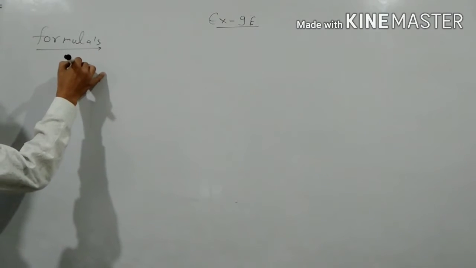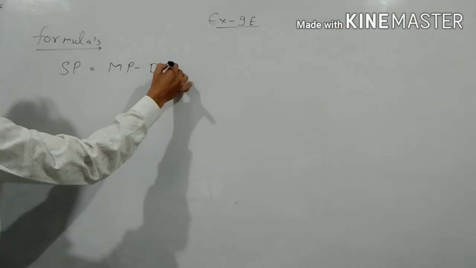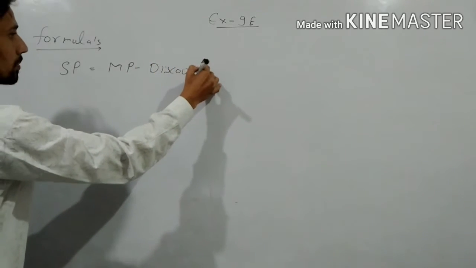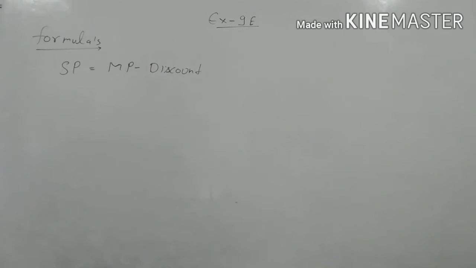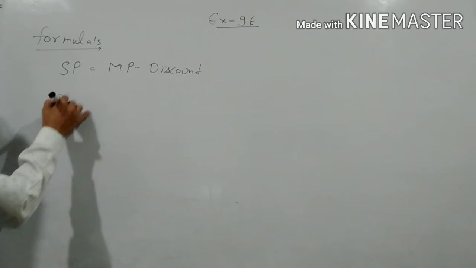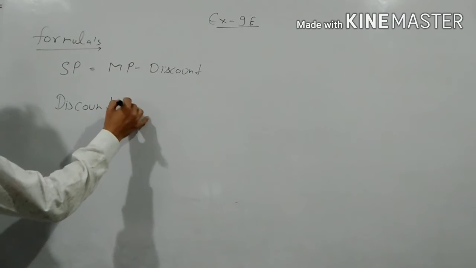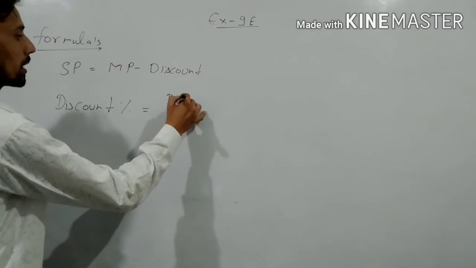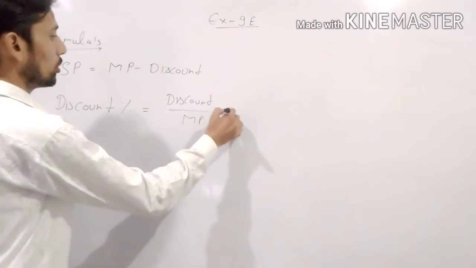SP is equal to MP minus discount. Discount percentage is equal to discount upon MP into 100.